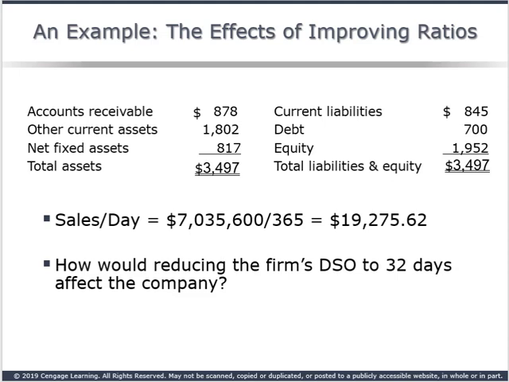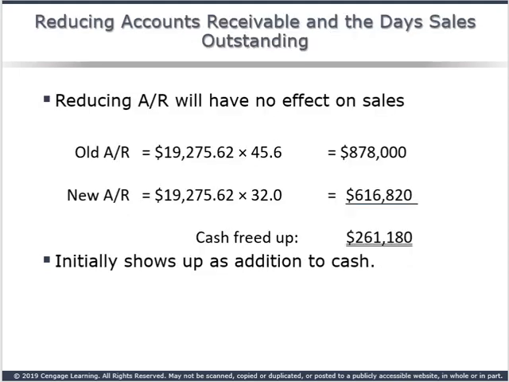We have sales per day, and how would reducing the firm's day sales outstanding to 32, of course, if you remember back, it was originally 45. We see here that if we encourage our customers to pay earlier, it would actually show an increase in cash.